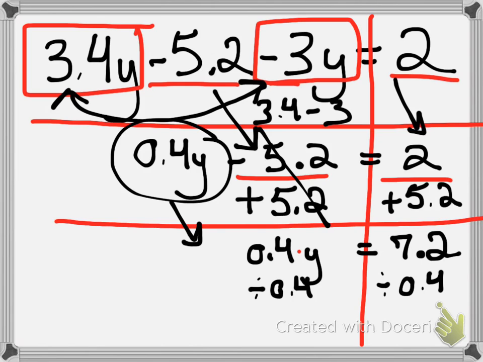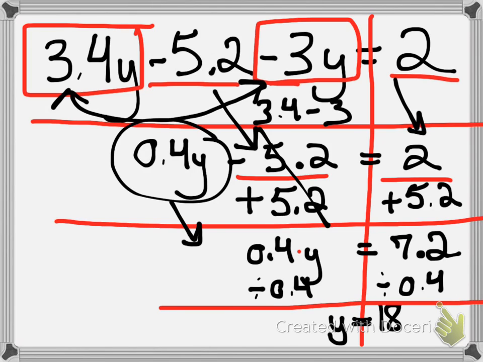That'll be 7.2 divided by 0.4 equals 18. Okay? 18, and that is, in fact, my final answer. So even though that one had some decimals in there, it still was all the same properties, all the same steps. You just have some different looking numbers, right?